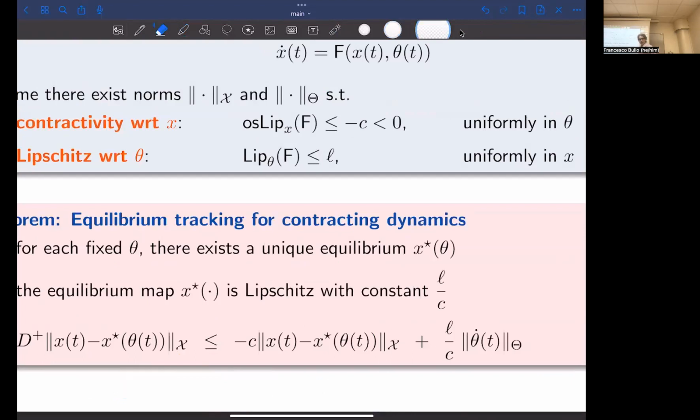So in other words, if your system is highly contracting, which means that your optimization problem is strongly convex, when you change the parameter, the fixed point moves very little. Perfect. And then on top of that, when that point is moving very little, still the error is decreasing at rate C. So there are 2 C's that are coming to help you in this problem.